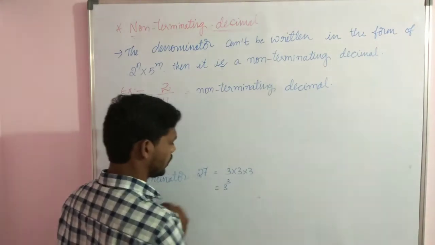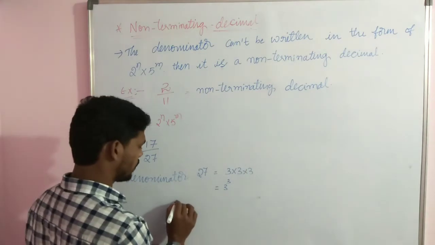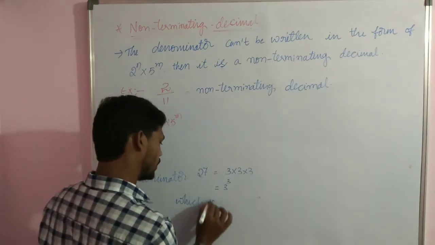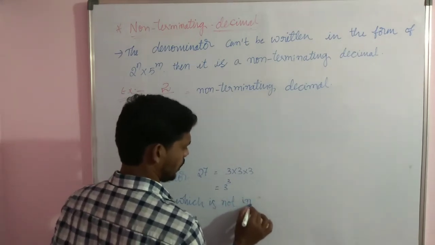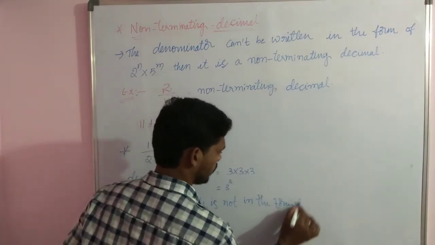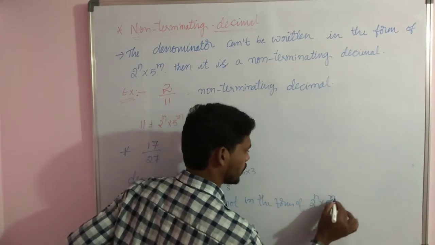So 27 can be written as 3 to the power of 3, but which is not in the form of 2 powers and 5 powers.